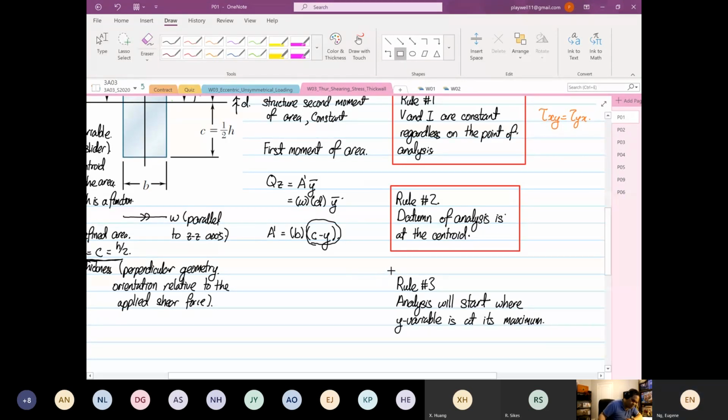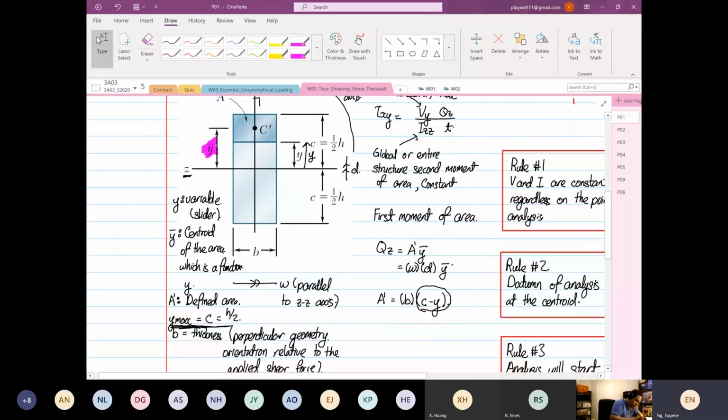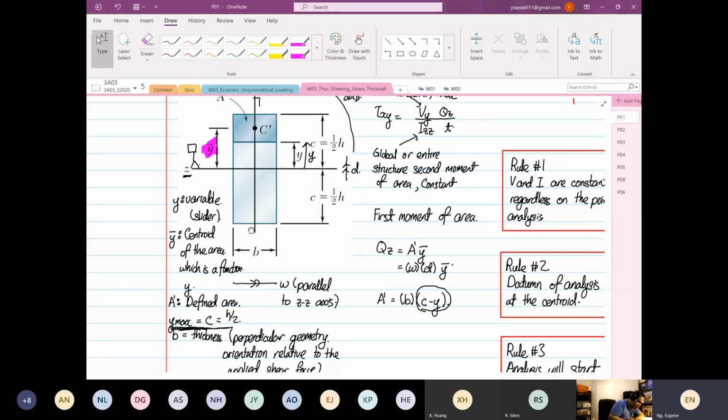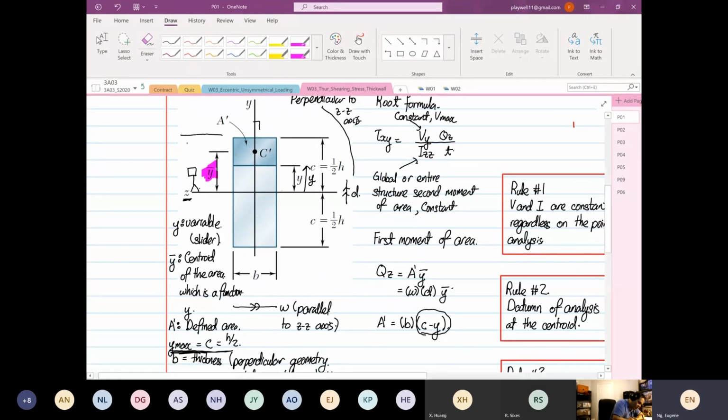What do I mean by that? We know that Z is our datum. The symbol for datum is like this, if you guys do engineering drawing. That's our Z. But when we carry out the analysis, it will start when the Y variable is at its maximum. So this is the analysis direction. If you do from the bottom bit, if you want to consider this area, the analysis direction will be the other way.